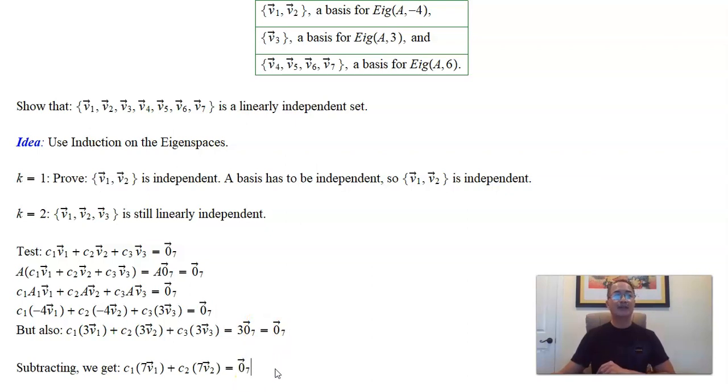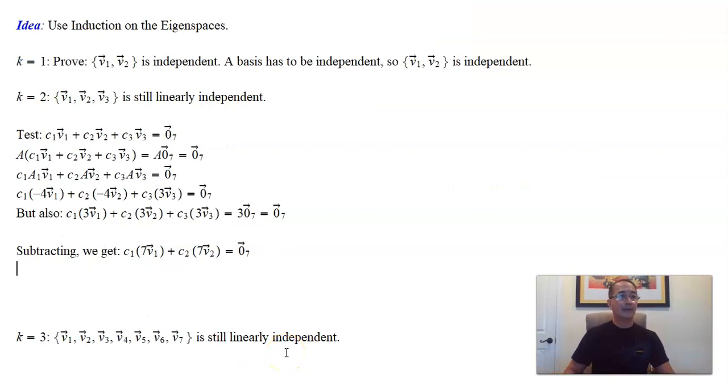Now we want the 0 vector. According to k equals 1, these two vectors are independent, so therefore c1 and c2 must be 0. Since v1, v2 is an independent set, c1 equals 0 equals c2.